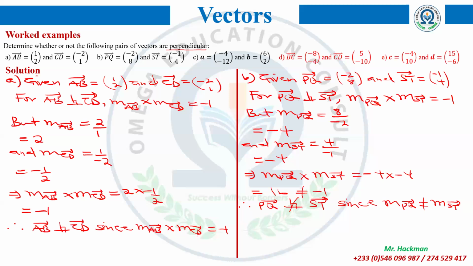Is my point well made? Who wants me to come again at this point? My professor, is my point well made? Yes, please, but you've made a mistake. Where? MPQ vector multiplying MST vector is not equal to -1, this one. In the conclusion I wrote is equal to.